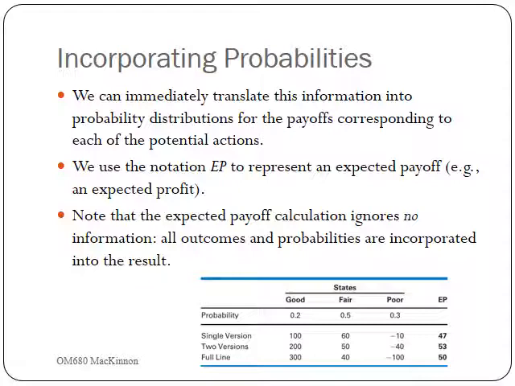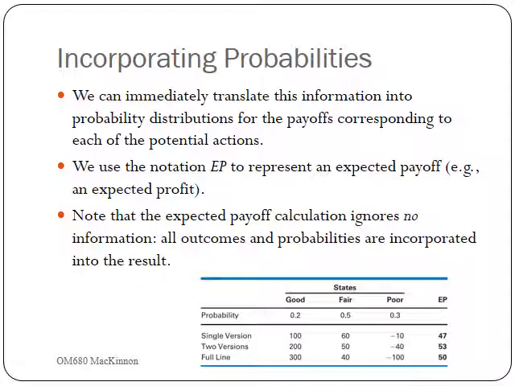But if we incorporate probabilities, then we can use all of the data. For example, suppose we decide through market analysis, or whatever, that the probability of a good market is 20%, of a fair market is 50%, and of a poor market is 30%.